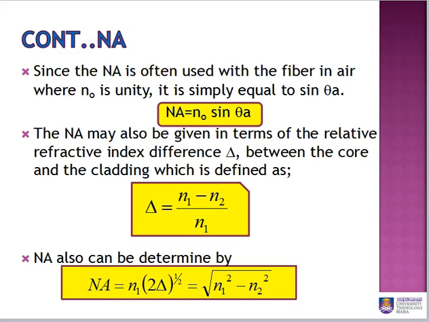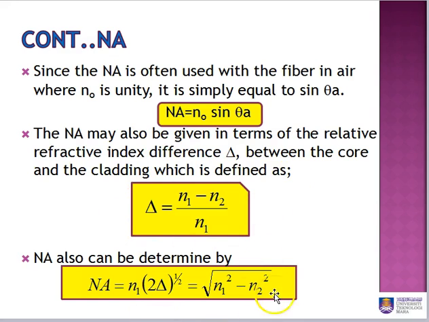Since the NA is often used with a fiber in air, where N0 is unity, it is simply equal to sine theta A. However, if the fiber is in a different material, then N0 is the refractive index of that material. The NA may also be given in terms of the relative refractive index difference between the core and cladding, which is defined as follows.